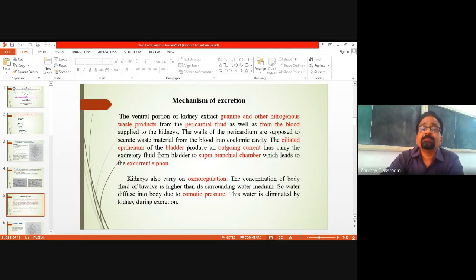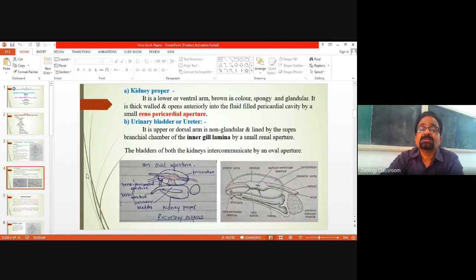The ciliated epithelium of the bladder. This is dorsal. Internally it is lined by ciliated epithelium.